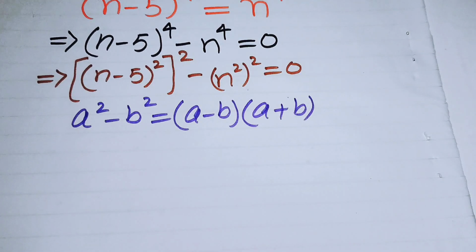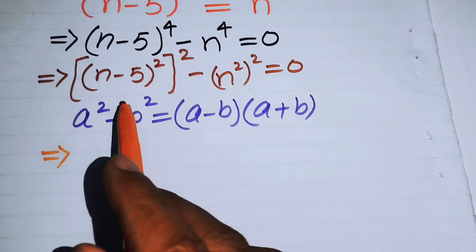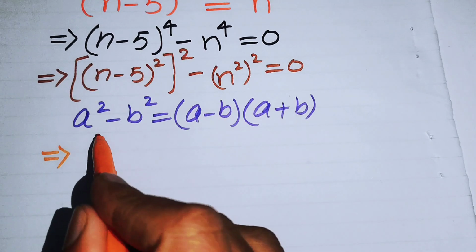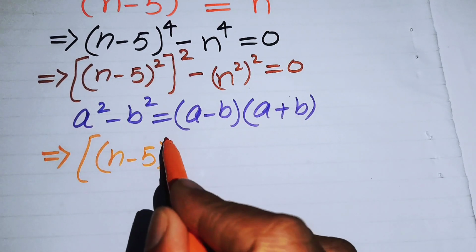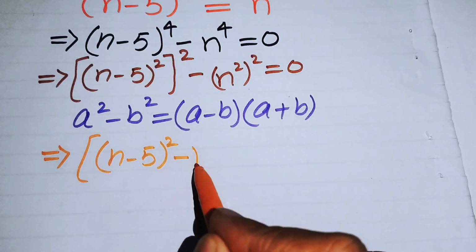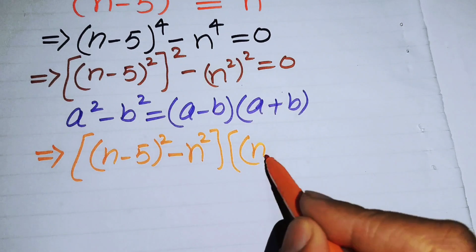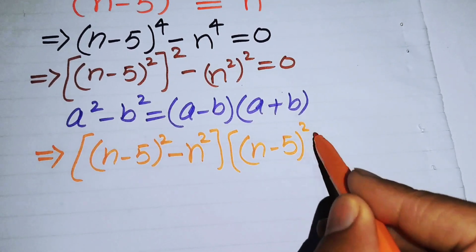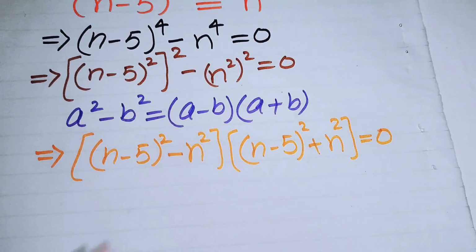So we use this identity, and we write the above expression as, we have a square minus b square, and it equals ((n minus 5) whole square minus n square) into ((n minus 5) whole square plus n square), and this whole equals 0.